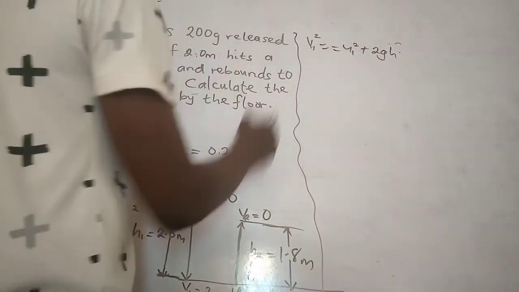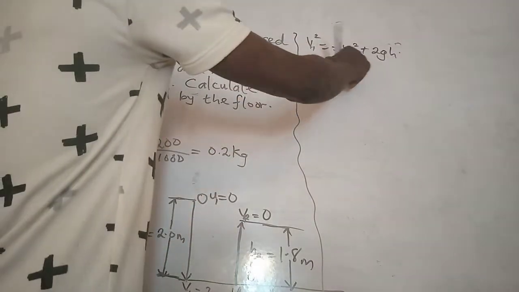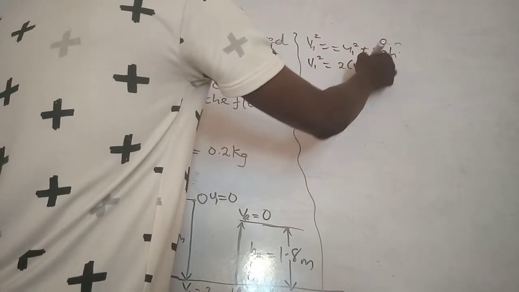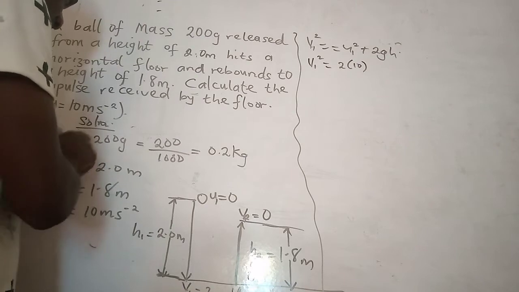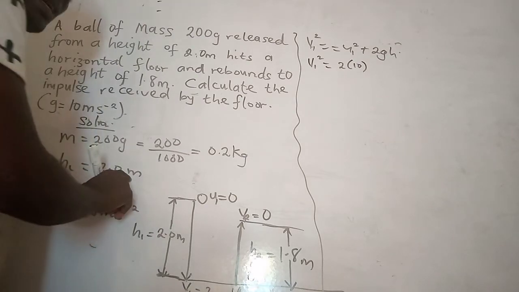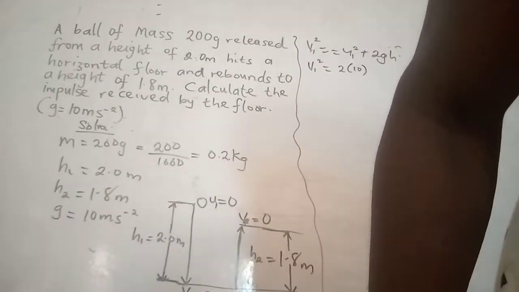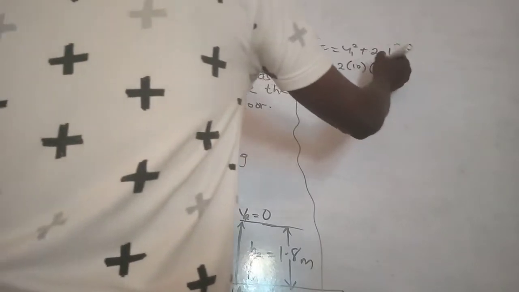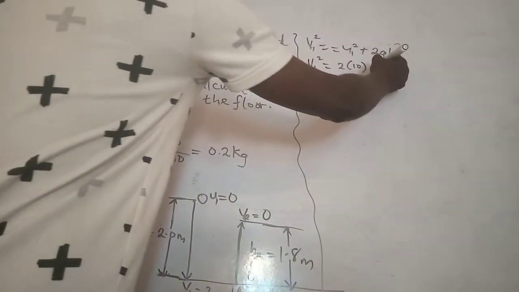The initial velocity is 0, so I have V1 squared equals 2 times 10, acceleration due to gravity, times the height, which is 2.